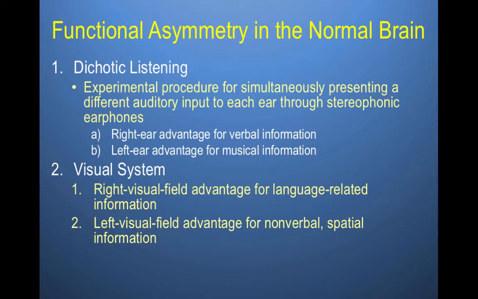So if it's processed on the left, and the brain is organized contralaterally, then things that are heard in the right ear are going to be processed on that left side. So again, that aligns with that advantage for verbal information. Similarly, for vision, the right visual field is going to be processed on the left side. So that would again align with this language-related advantage for information presented on the right side.